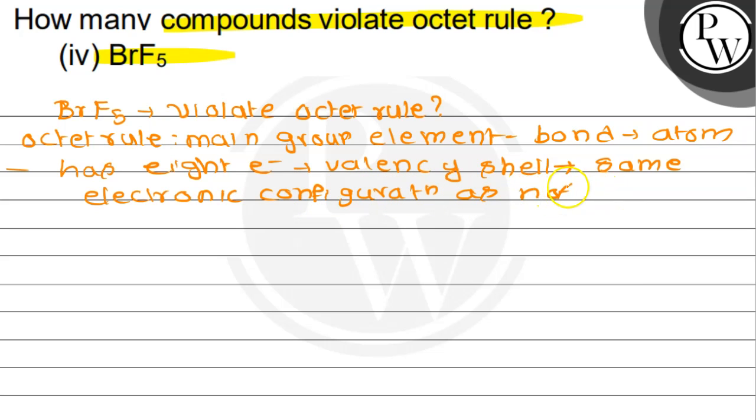Simply, octet rule means octa refers to 8, 8 electrons in their valency shell. So they tend to bond in such a way that they have 8 electrons in their valency shell. Then the atoms become more stable.